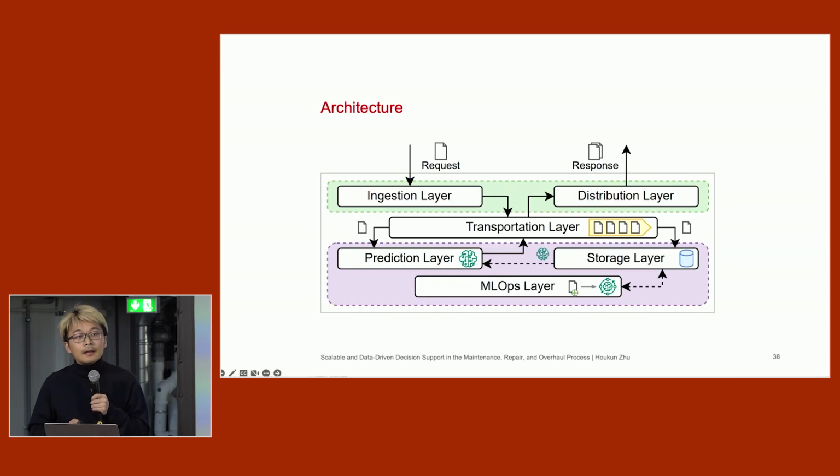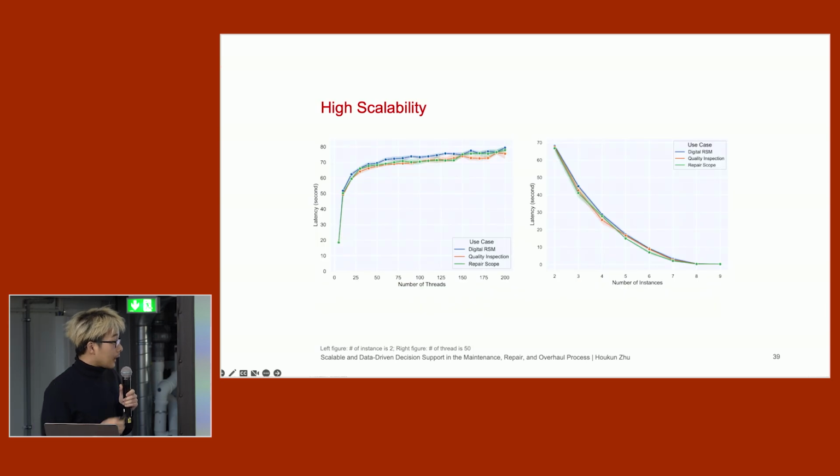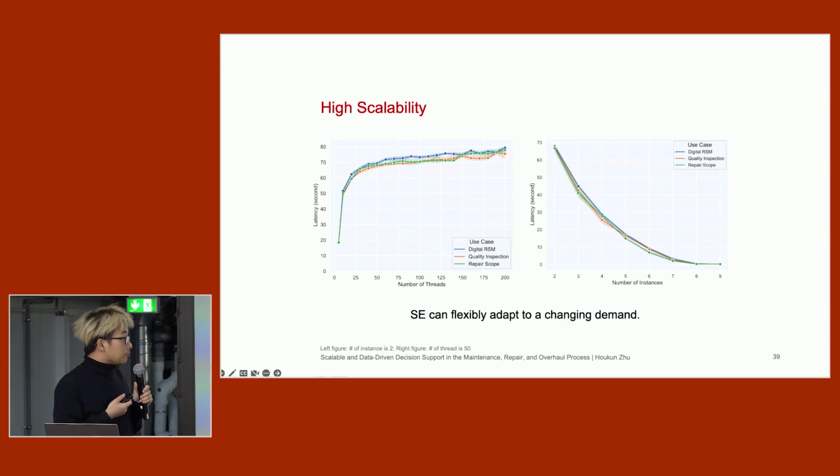Apart from that, we designed our architecture in a decoupled way, such that in the experiments you can see the latency, which means how quickly our Smart Export can process requests, and with more deployment of our system, we can flexibly adapt to changing demand.